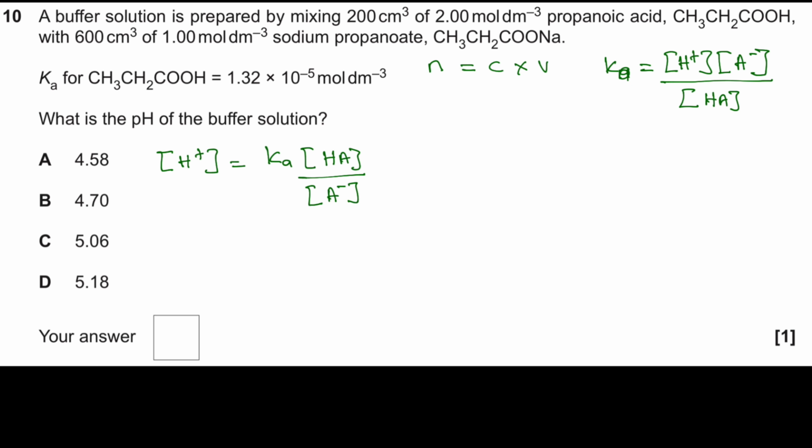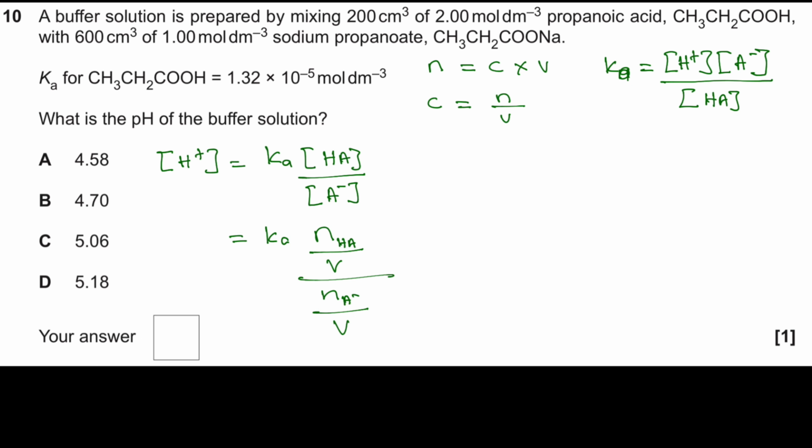What we now need to do is write the equations for the concentration of the acid and the concentration of the sodium propanoate. We know that concentration equals mole over volume. We can do that for the acid, mole of acid over volume, which is the same volume as the mole of sodium propanoate, A minus, over the volume.